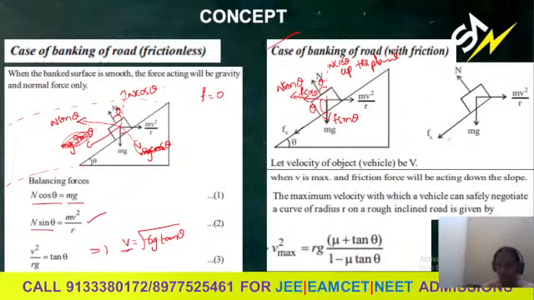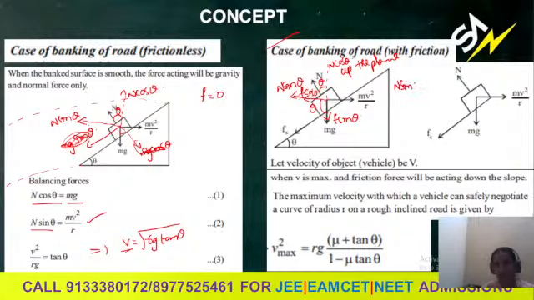Now, to find the maximum safe speed, we have to balance the forces on the vehicle at the equilibrium point. You can see here, N sin theta plus f cos theta act towards the center, and they experience the magnitude of force mv squared by r.